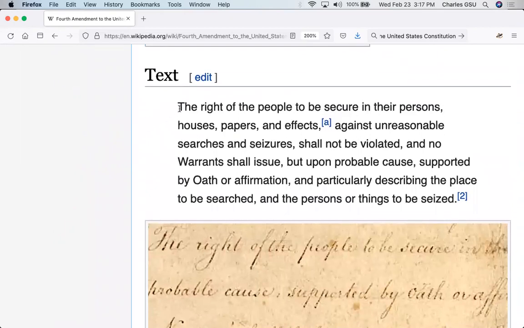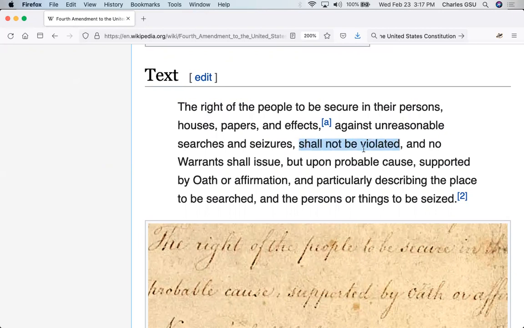The right, and this is a very convoluted late 18th century grammatical structure. So the right is the subject, right there is the subject, and then the verb is way over here, shall not be violated.